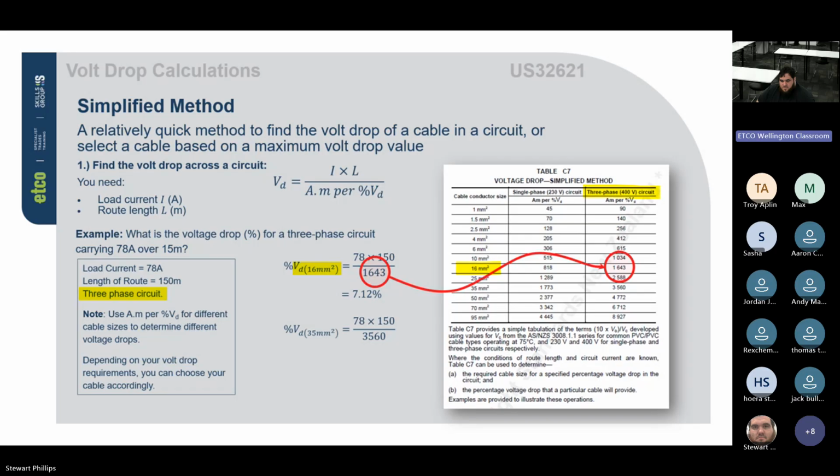For 35 mil, we would get 3560, which would give us 3.29%, which is a lot better. So for those of you who work in the supply, what's your allowable volt drop on the supply network?